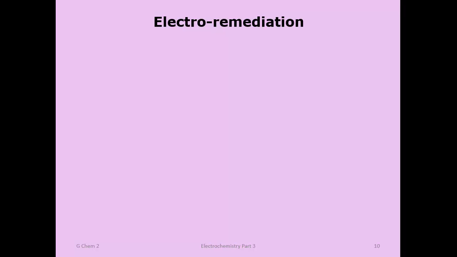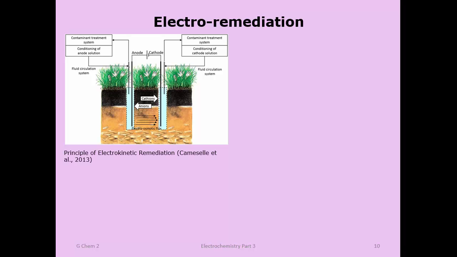Now on the other side, there's electroremediation, and here's an example of that where you've set up, as you study this, you'll notice it has a lot of the components of a battery, where you have the anode and the cathode. The only difference again is this is driven by an outside energy source.